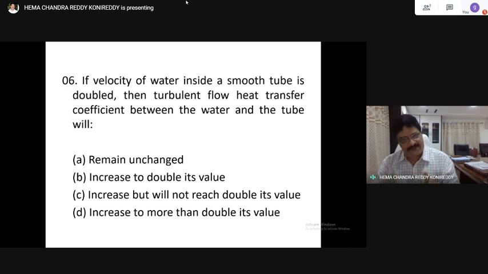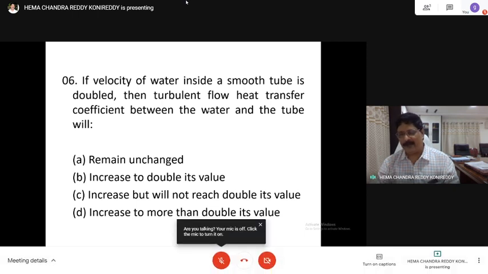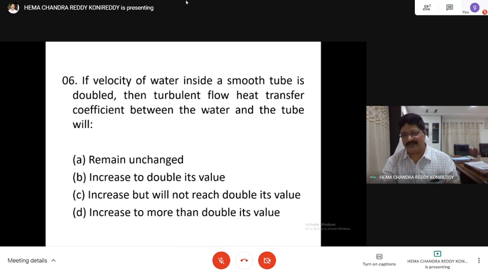What is the relation between velocity and Reynolds number? Directly proportional. When velocity is doubled, Reynolds number is doubled. So Nusselt number is directly proportional to Re power 0.8 or velocity power 0.8. And what is Nusselt number? Nu is equal to hL by k. Problem is solved.